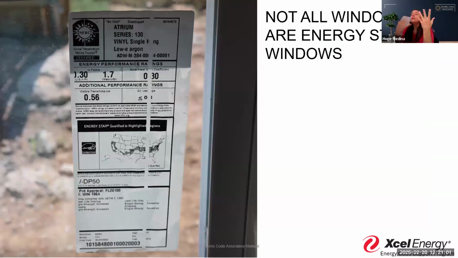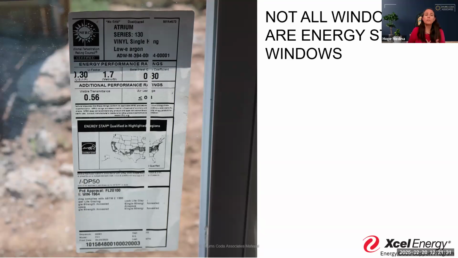All right. So let's talk about these windows. When we look at these, stickers are our absolute best friend in the whole entire world, right? These stickers allow us to get the vital information we need.